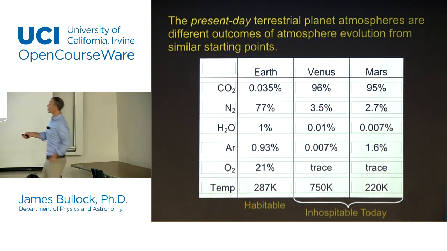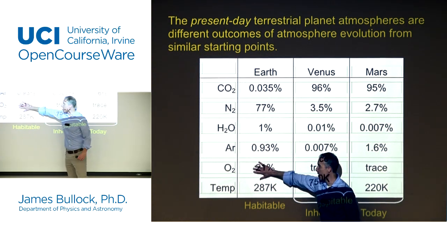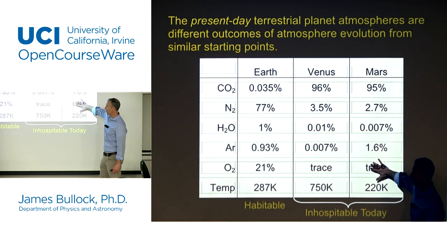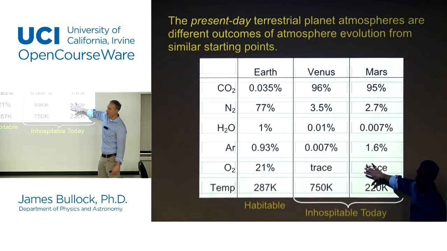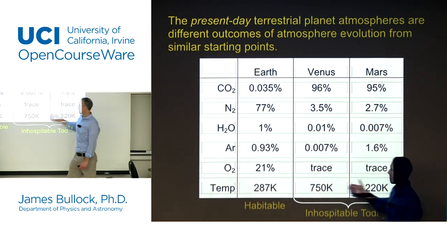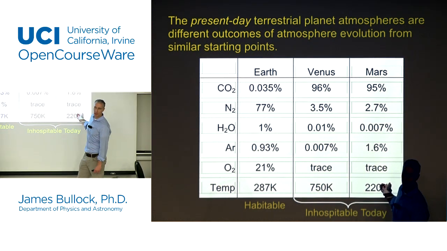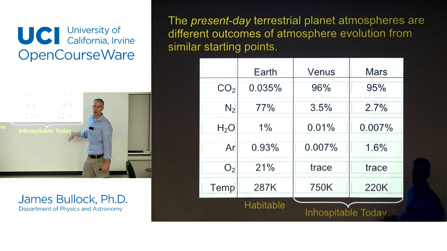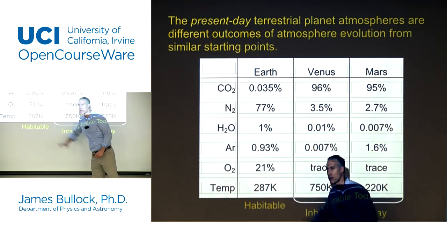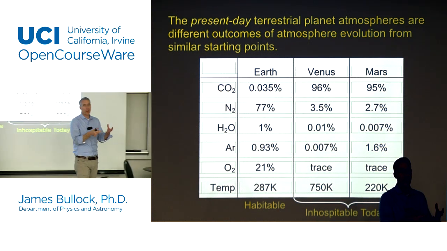We have this hugely rich oxygen content, whereas Venus and Mars have basically no oxygen. The lack of oxygen and the grossly imbalanced temperatures on Venus and Mars make them uninhabitable planets, whereas we have this nice habitable planet, even though we basically started out very similar.